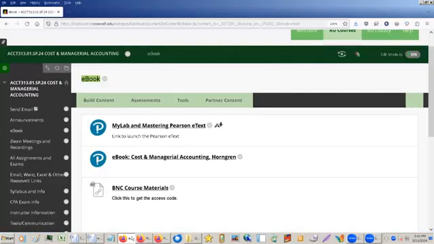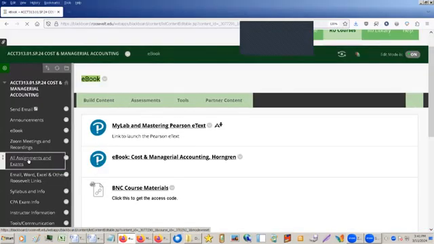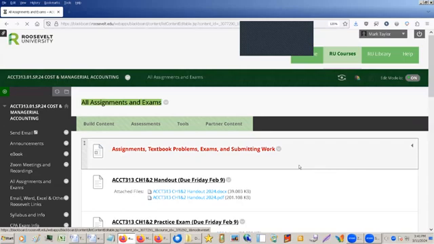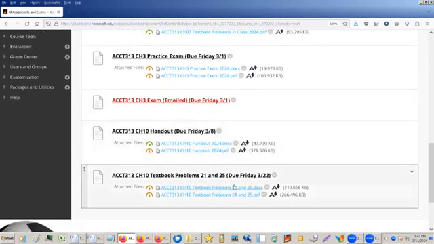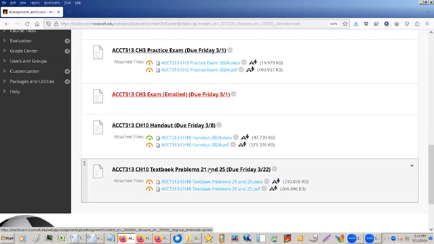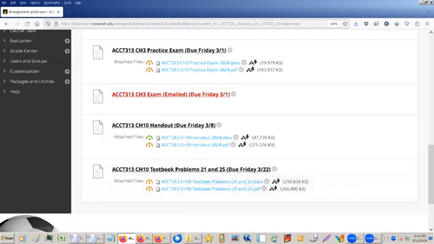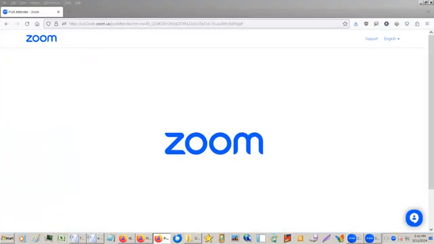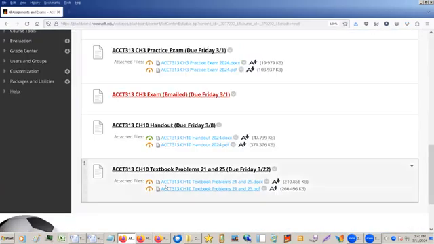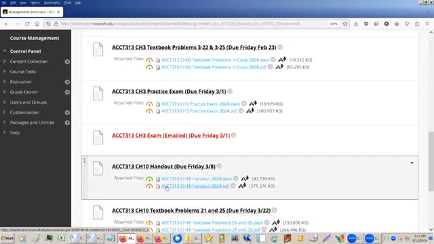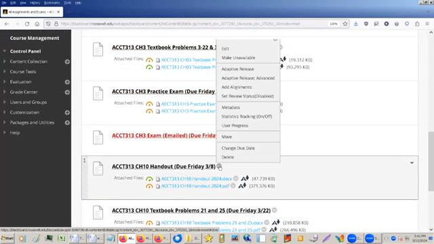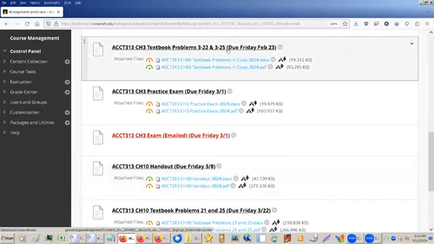There is a drop for the problems, I think. Yes, so you can turn in the textbook problems that we did today, 21 and 25. Don't turn in this handout yet. Handout due the 8th, that's way wrong. Let me edit that.